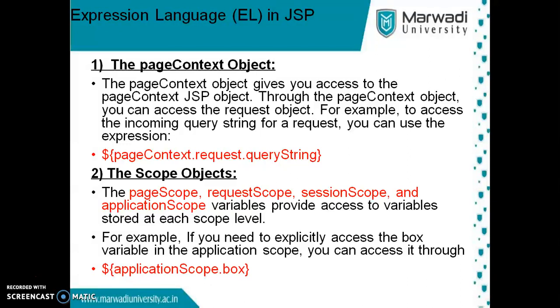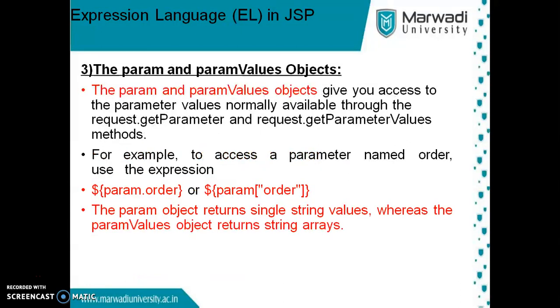The scope objects are pageScope, requestScope, sessionScope, and applicationScope. If you want to access a parameter at the application level, you can simply write dollar applicationScope dot name of the attribute, that is applicationScope.box. We have one attribute, namely box, available at the application scope level, so it will fetch the value for the same. Similarly you can use it for the session and the request.